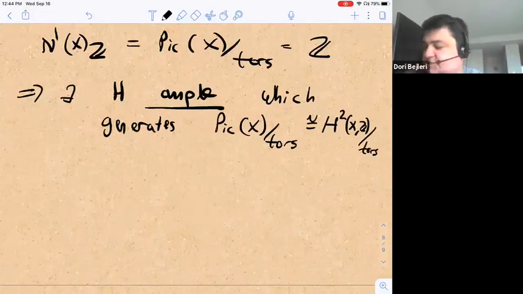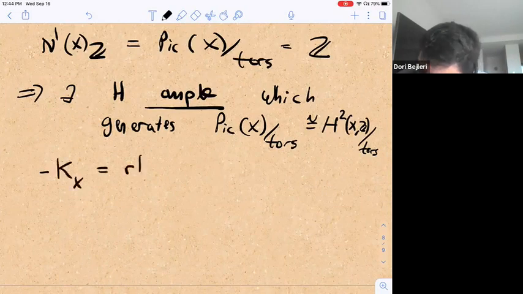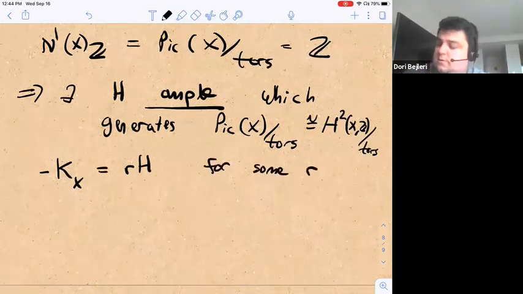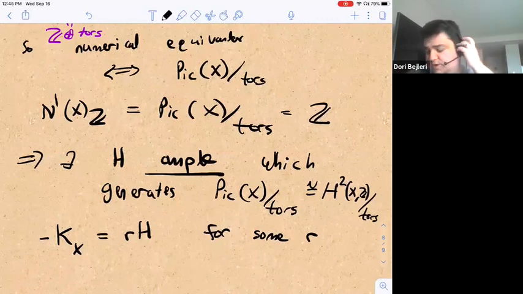Okay, and because this is an ample generator, and we know that minus K_X is ample, then we know that minus K_X has to be some multiple of this H. And of course, this all should make sense if you believe the theorem, because if you believe the theorem, then X is just P2, so Picard is just Z generated by a hyperplane, and minus K_X is going to be 3H. So that's essentially what we're going to try to do. We're going to try to show that this r is 3, and then use that to produce an isomorphism with P2.